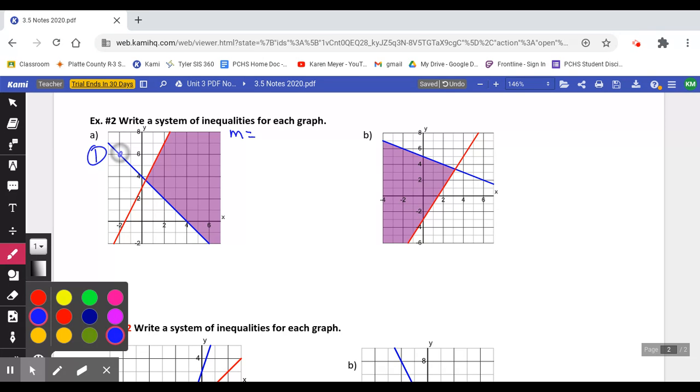So pick 2 points that are on the line and count your slope. And if I do that, I get negative 1 over positive 1, which is negative 1. The b crosses the y-axis at 4.